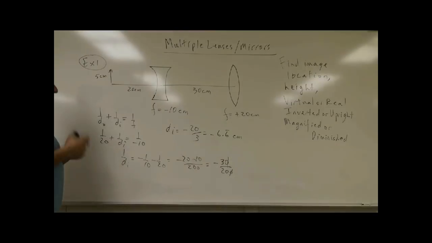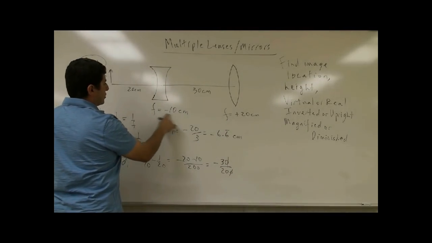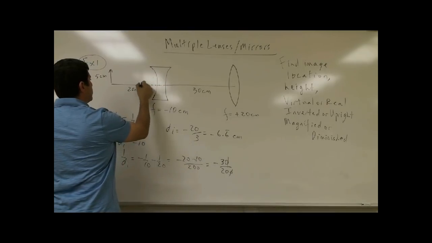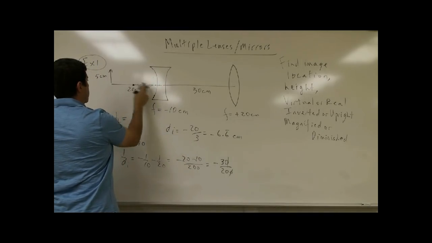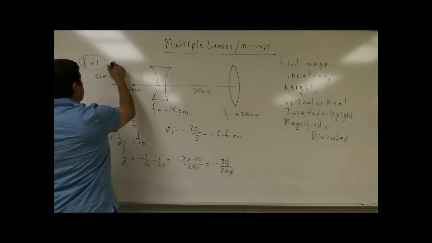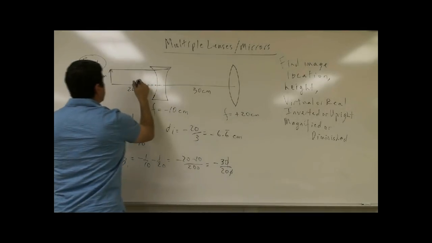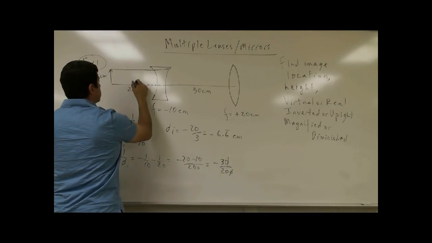So graphically, what does that mean? Visually speaking, the focal length of this is 10 centimeters, so that brings us somewhere about here, halfway between. When we do the ray diagram, we see that rays that are straight bend in such a way as if they are coming from the focal point right here.